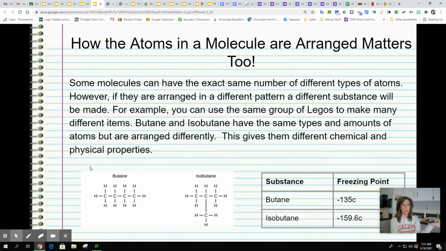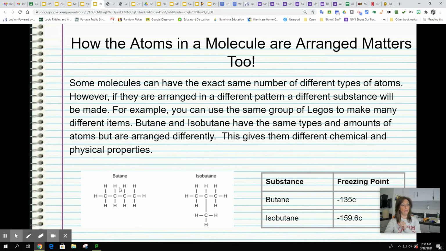We can have the same number of atoms, and if they're arranged in a different way, they're going to be a different substance, okay? Butane and isobutane have the same types and amounts of atoms, as we can see in the model down there, but they are arranged differently, and that gives them different chemical and physical properties. So let's check it.